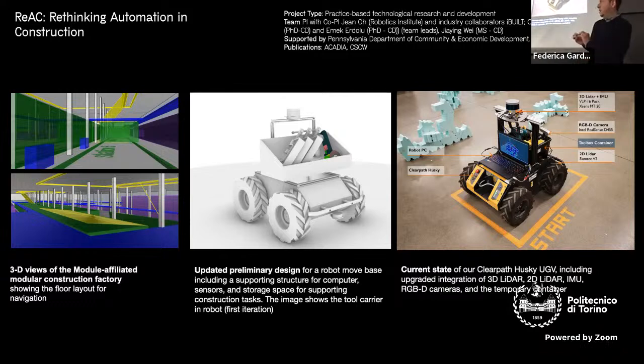Part of the value of this project was to think from the site up and from the building practices up, rather than from the lab down, right? Instead of saying, oh, we're going to automate carpentry work, no, we're going to work with carpenters, and we're going to see what would work.